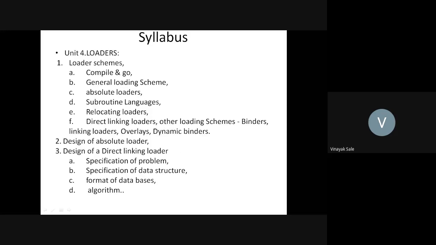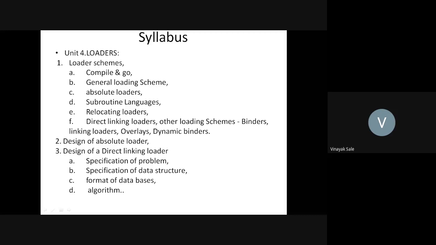Then unit 4, that is loader schemes. In that 6 points: compile and go, general loading scheme, absolute loaders, subroutine linkages, relocating loaders, direct linking loaders, other loading schemes such as binders, linking loaders, overlays, dynamic binders.